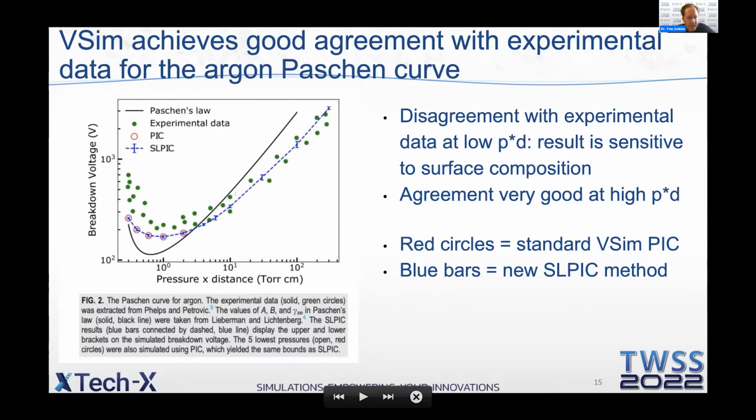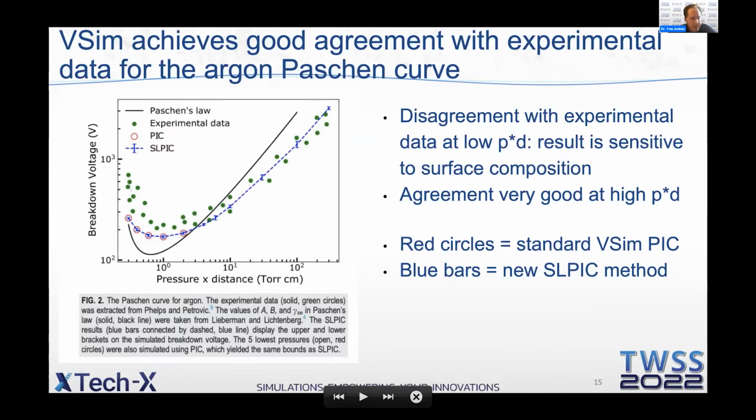I should point out that these simulations out here are definitely not ones you'd want to do with conventional PIC because they would take you on the order of weeks to months. With the speed limit, we can speed that up by factors of tens or hundreds, and that makes things a good deal easier. Down here at the lower values of PD, we can simulate with both PIC and SLPIC, and we get good agreement between the methods.